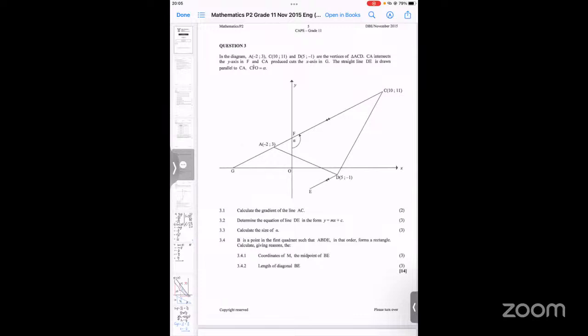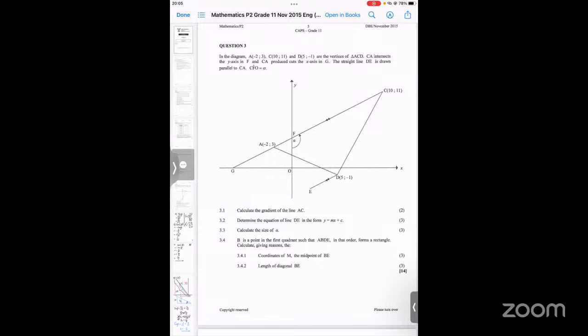And then they say CA produced intersects the y-axis in F, and CA cuts the x-axis in G.